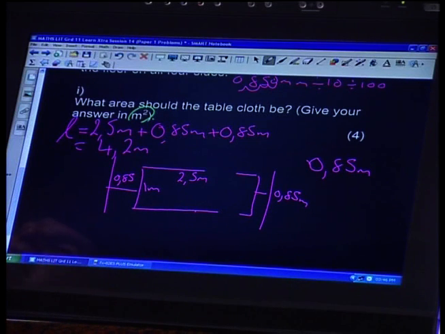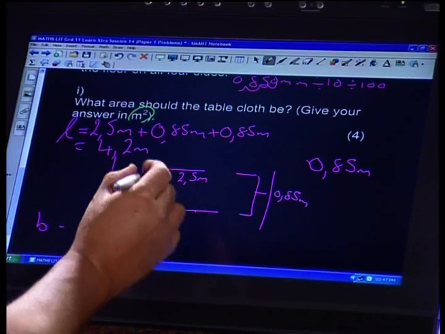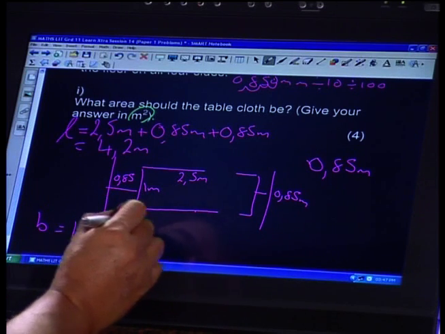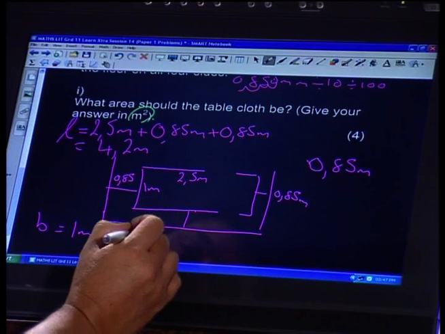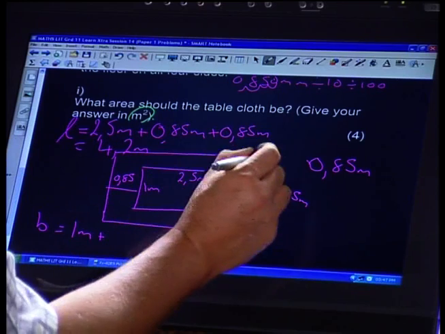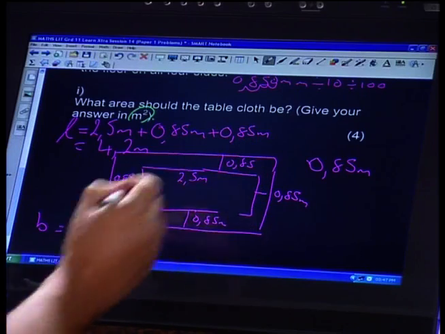Well, how wide is the breadth? Now, not only do we have a little bit of tablecloth hanging over the one end and the other end, but we've also got tablecloth hanging over this side and this side. So my breadth of my tablecloth is the 1 meter plus that little bit of 0.85 meters, and this bit over here of 0.85 meters.